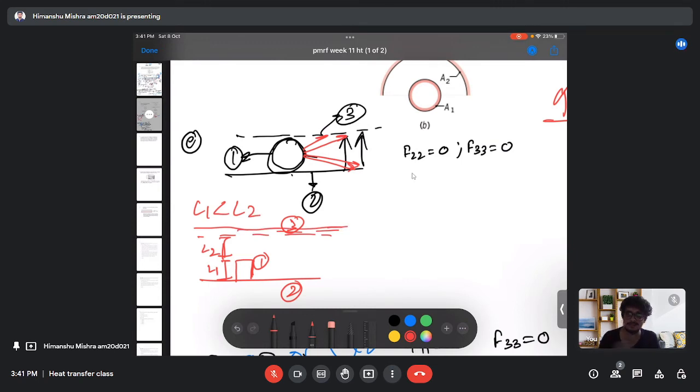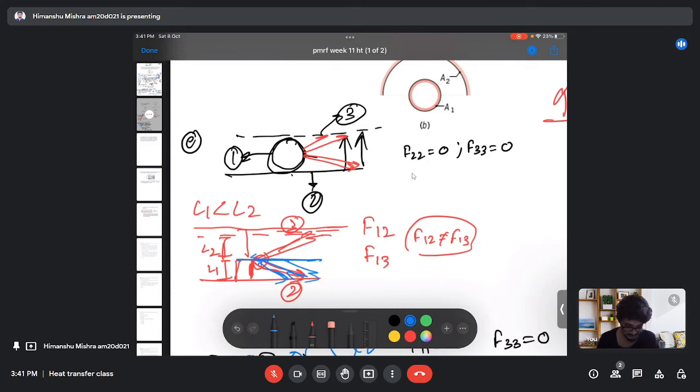So in this case, I cannot say that the radiation emitted by surface 1 is equal; there will be radiation emitted by surface 1 to surface 2, and radiation emitted by surface 1 to surface 3. And in this case, F12 will not be equal to F13. So this is purely a geometric concept, because the length L1 is not equal to length L2. That means an unequal amount of radiation will reach surfaces 2 and 3 from surface 1.